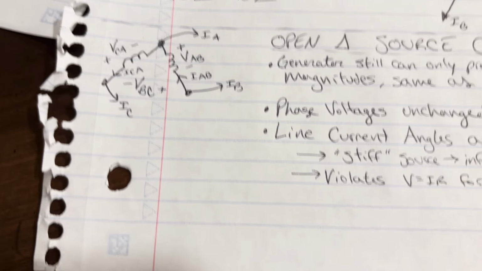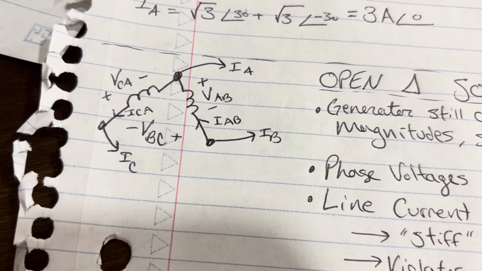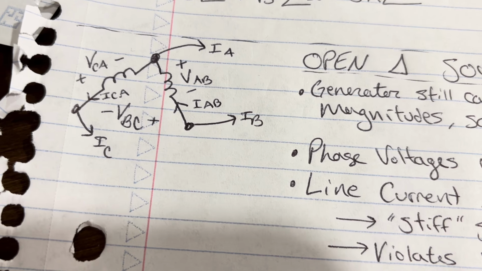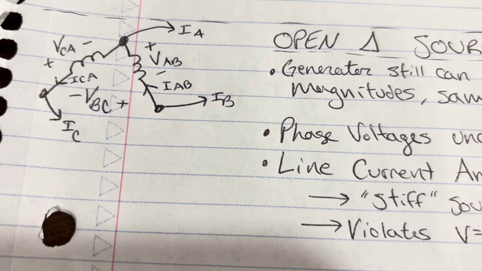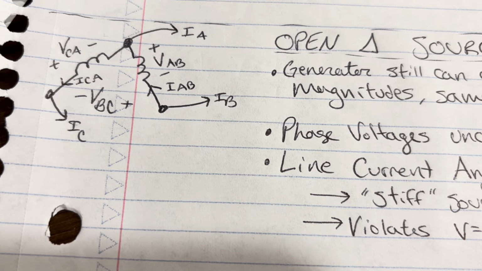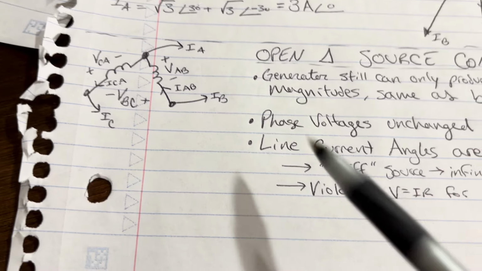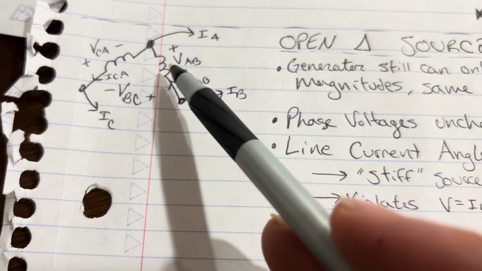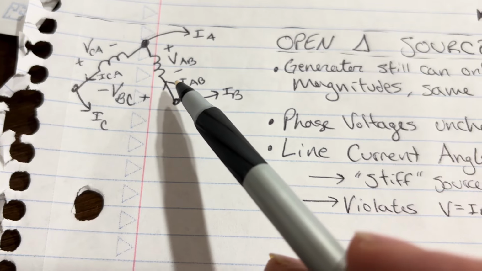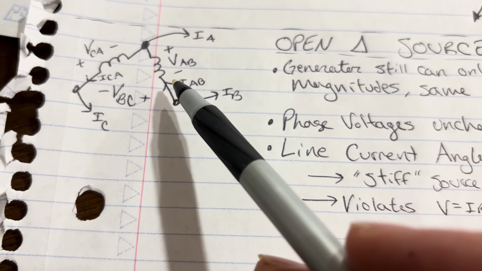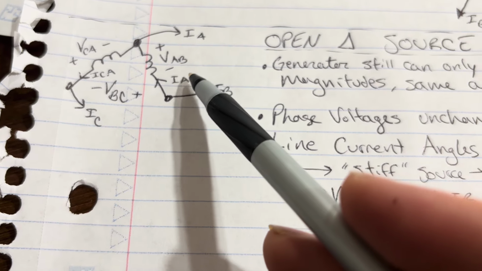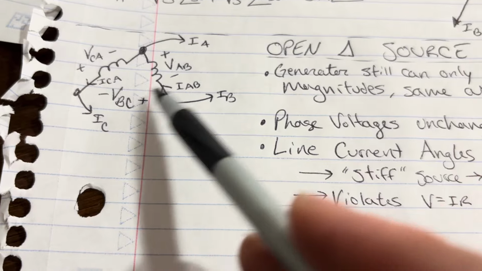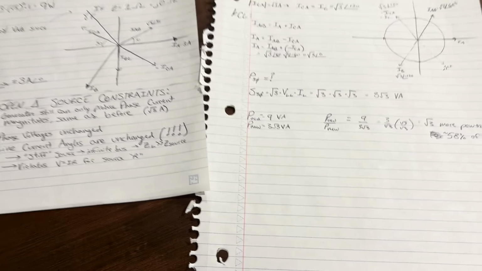Now, if this were a load instead of a generator, then it would have 2/3 of the power consumption as before, because you're not limited in your current here like you are in a generator. Now, if it's a load, you can take Ohm's law and say V equals IZ and solve for your power consumption here. Let me know if I missed something.